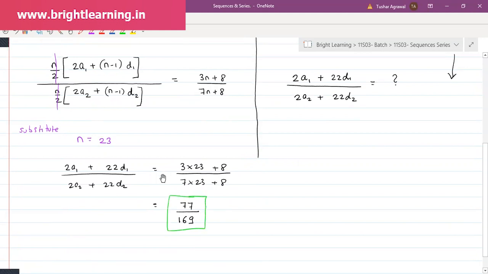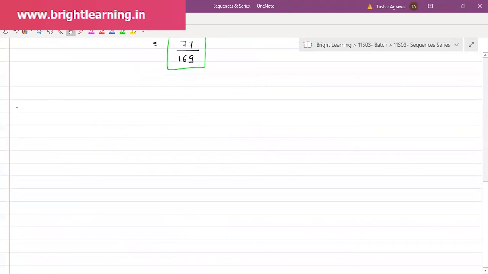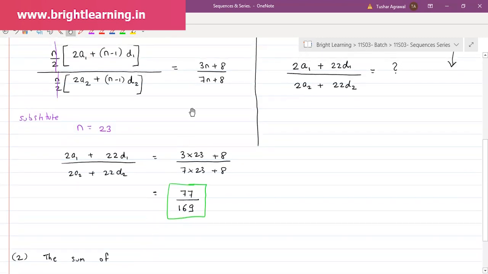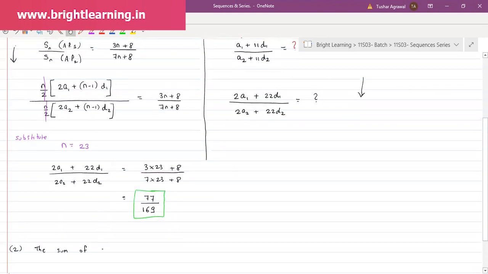Yes, sir. Okay, a similar question I will give you. Now you solve this on your own. The sum of two terms are in the... Let us copy the answer. Sir, I have taken the screenshot so you can scroll down, because there is no power in my house, so I cannot write.